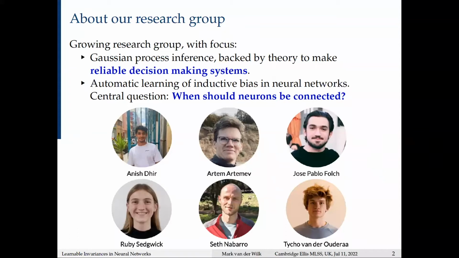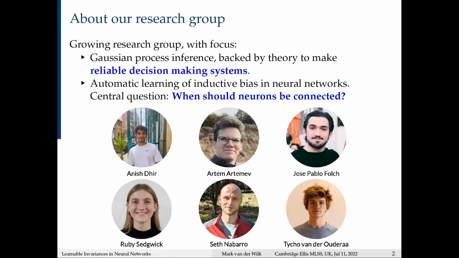And the second research direction, which our group focuses on, is the question of learning inductive bias in neural networks. And so basically the question is, how can we easily learn the architecture of neural networks?